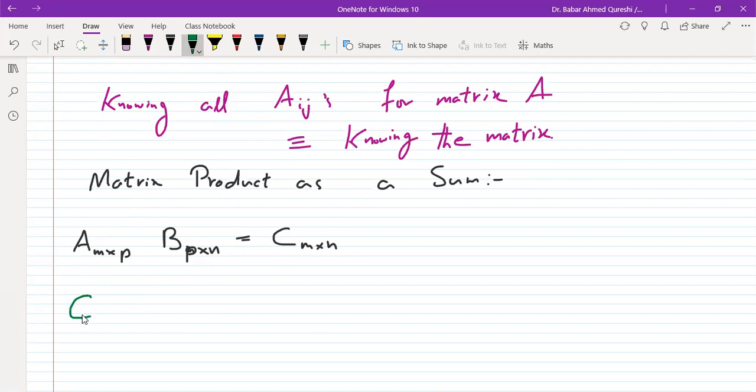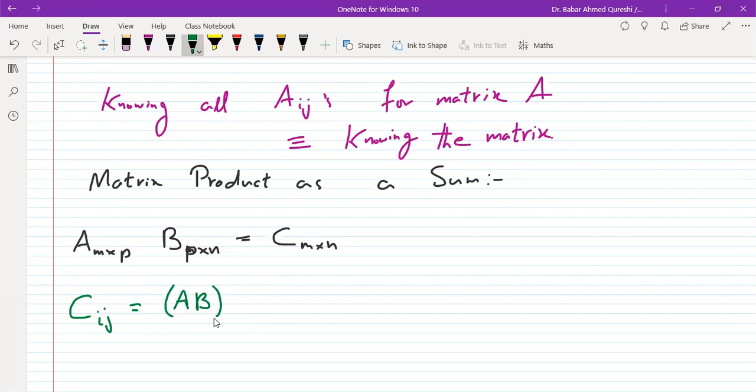So I would know this matrix C, product matrix, if I know all its components. And I want to write down what these components are in terms of the components of A and B. So by the way, because C is A times B, most often you just write it like this.